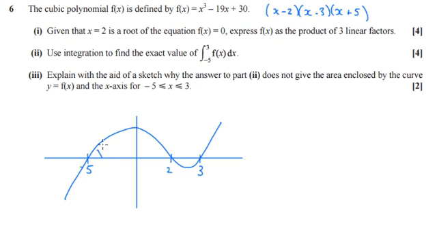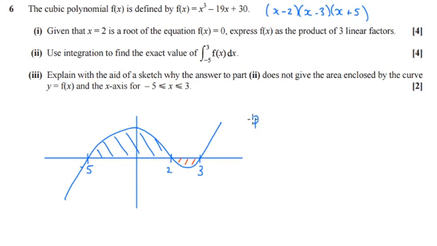And the reason is because some of the curve is above the x-axis, but some of the curve is below the x-axis. So the answer to part 2 is actually this area take away this area.